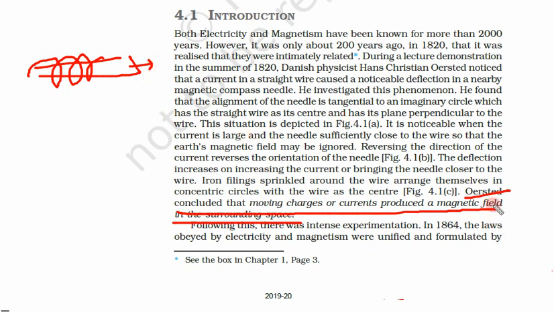So same thing that Oersted concluded: moving charges. In this wire, charges are moving because you know that current flow means charges are moving. So moving charges or current produces a magnetic field in the surrounding space. So what is the surrounding space? Surrounding space is this nail, and magnetic field is generated in this nail.